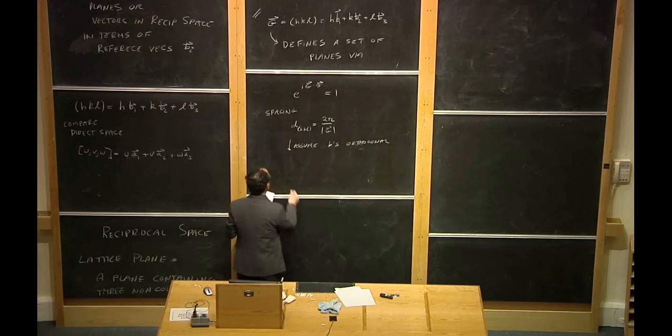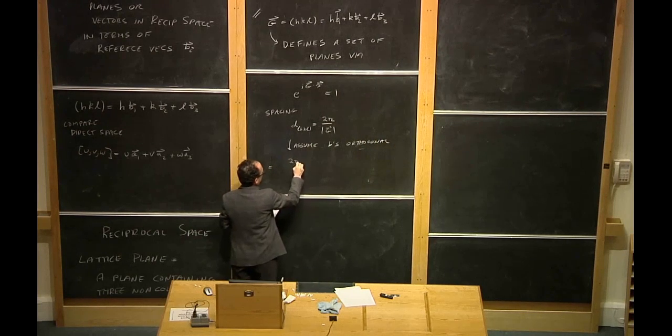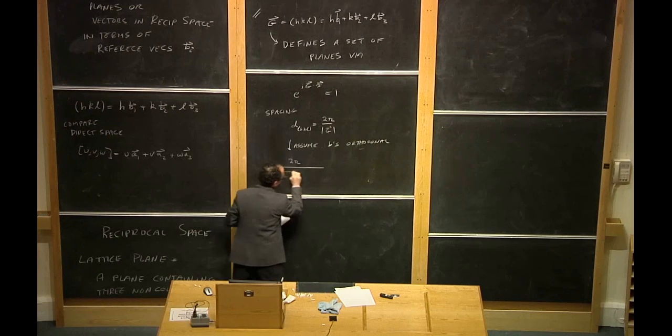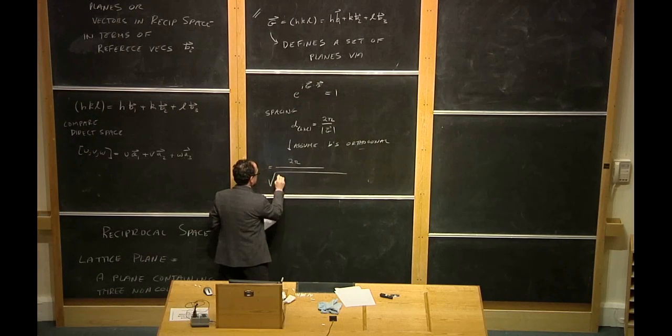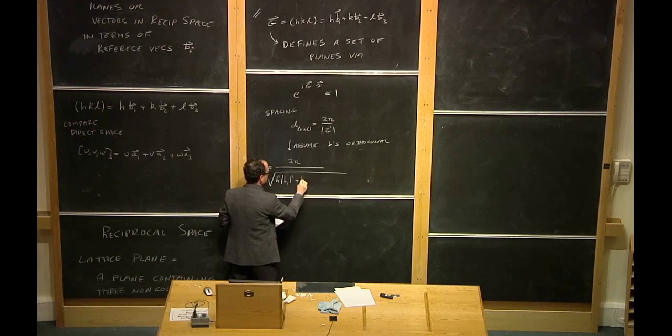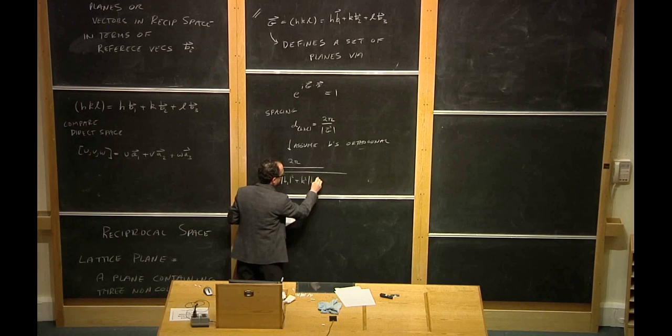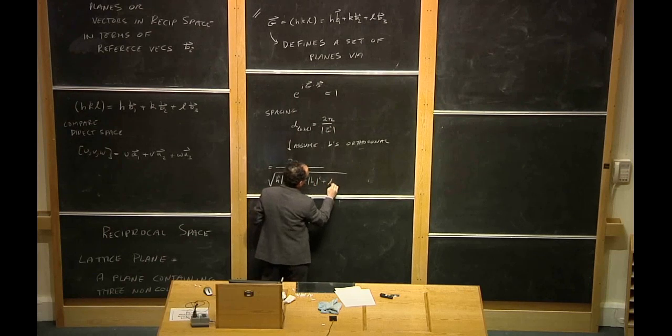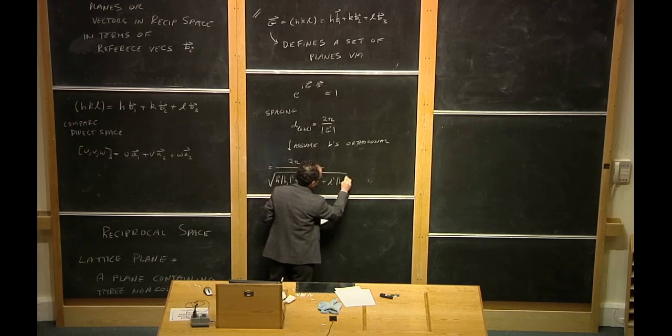Then we can write that as 2π over the square root of h squared |b1| squared plus k squared |b2| squared plus l squared |b3| squared.